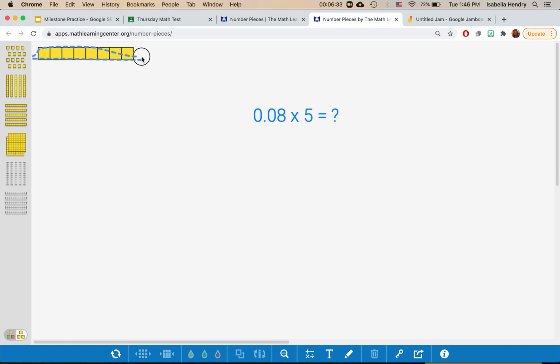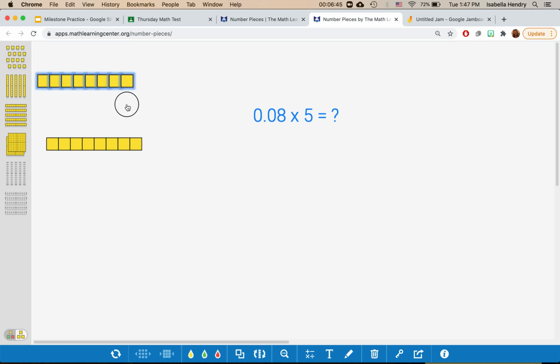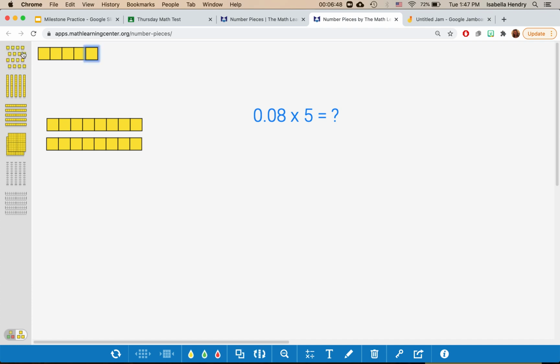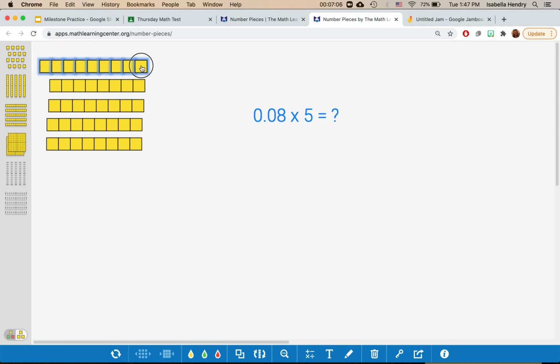Then I would repeat these 5 more times, 8 blocks each time. Now I have 8/100 5 times.